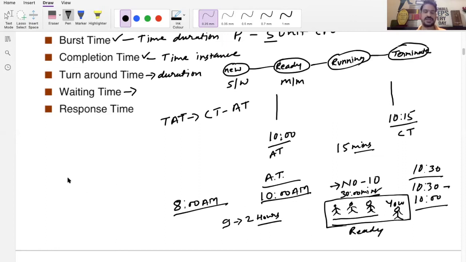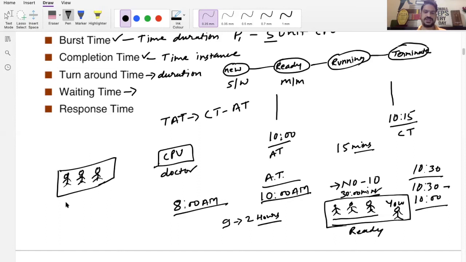The other scenario is like this. So there is a doctor. You assume that the doctor is nothing but the CPU. And there are patients. You assume that these patients are nothing but processes in the ready state. So let's say this is 1, this is 2, this is 3.